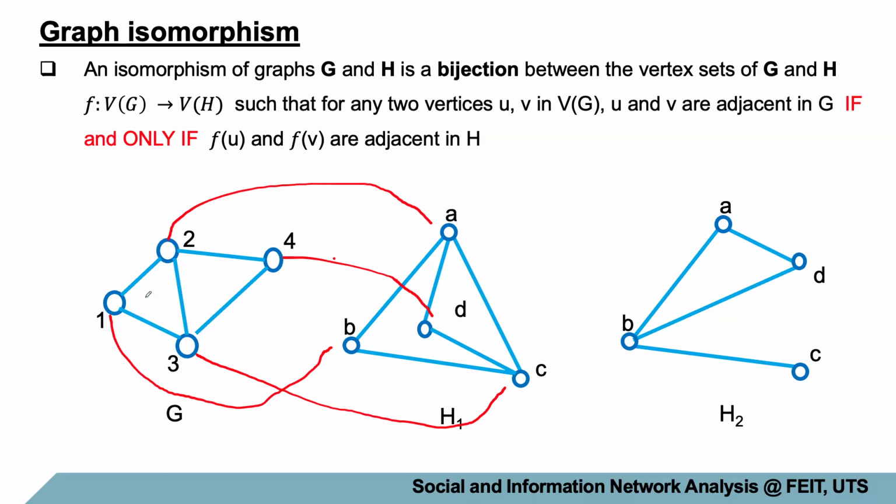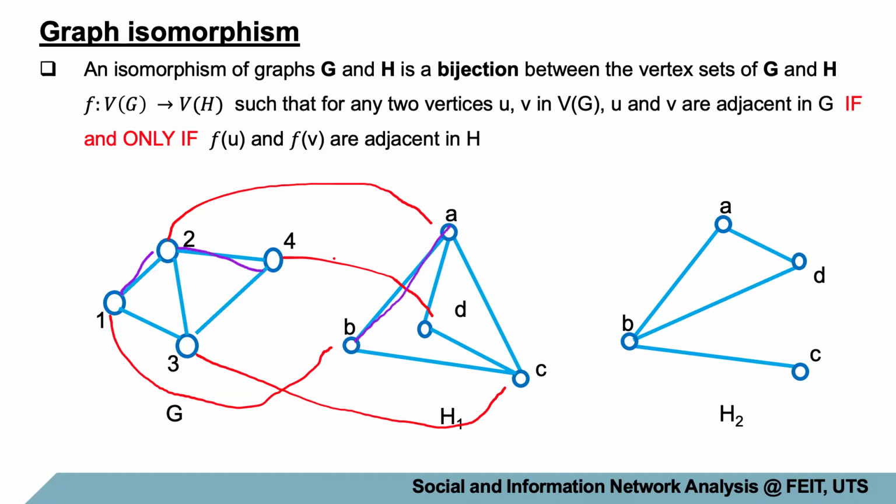You can see there's an edge between 1 and 2. And for the mapped vertices B and A, there's also an edge.